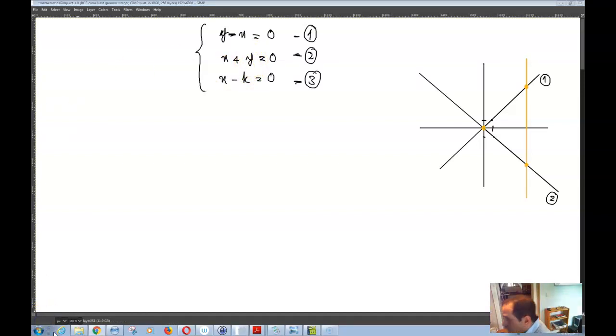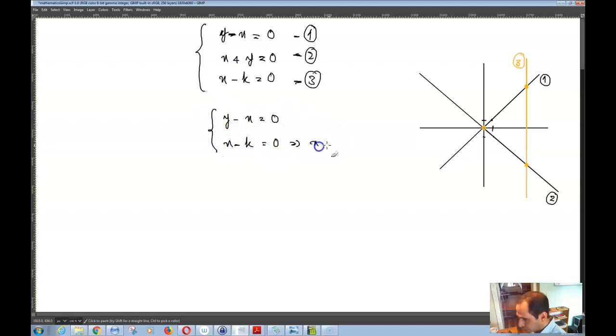Okay, so now in order to find the point of intersection, first we need to find the point of intersection of this line, if I call this line number 3 over here, and so the point of intersection of 3 and 1 would be: you have y minus x is equal to 0 and x minus k is equal to 0.